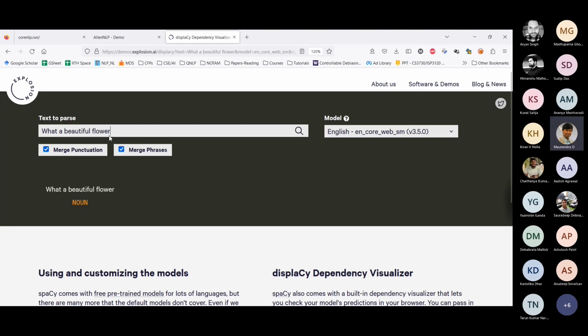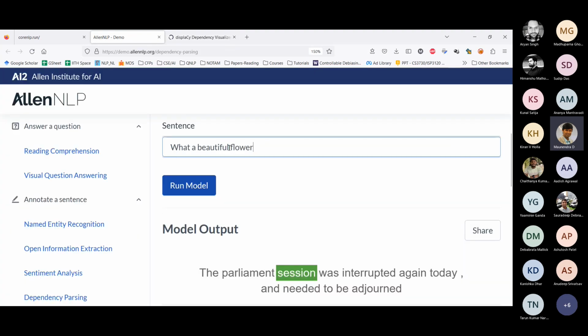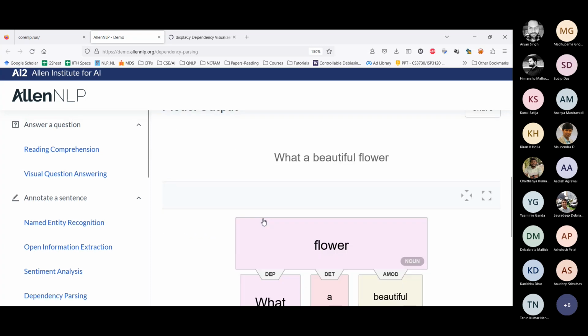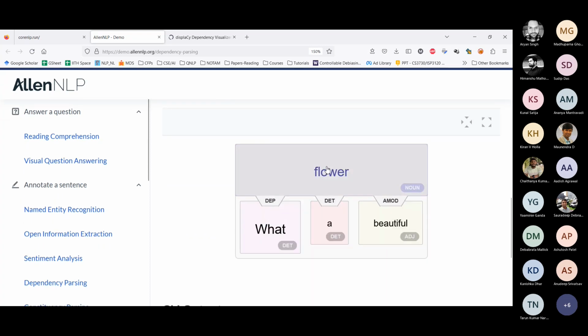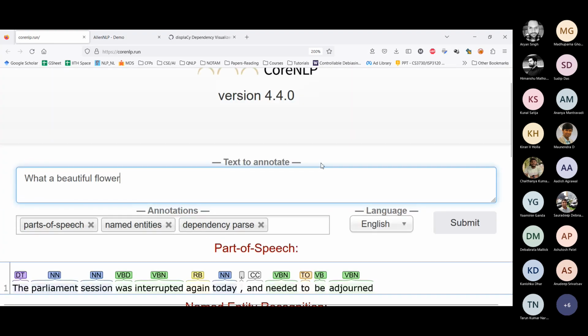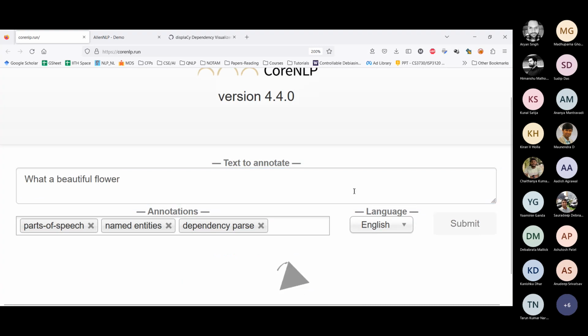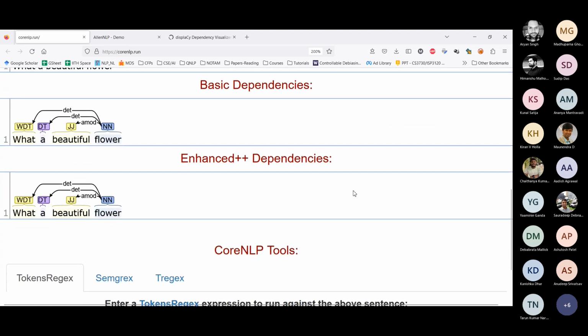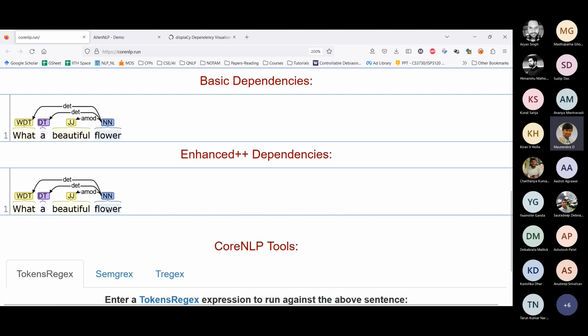The entire thing will be marked as noun. Sorry, no. So here the noun is being taken as the root.